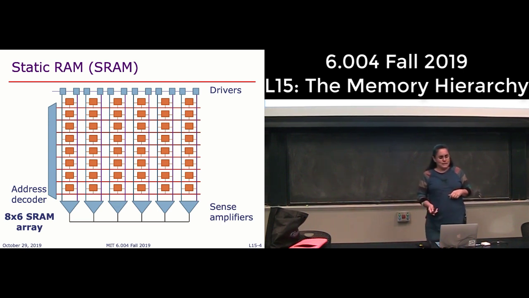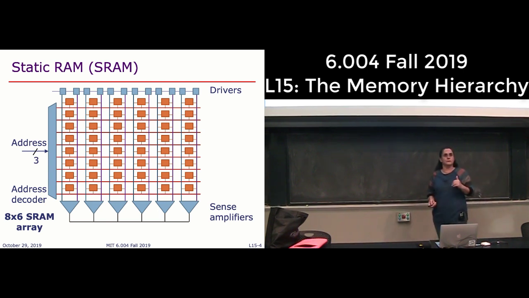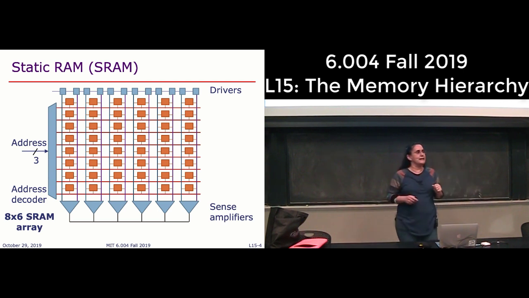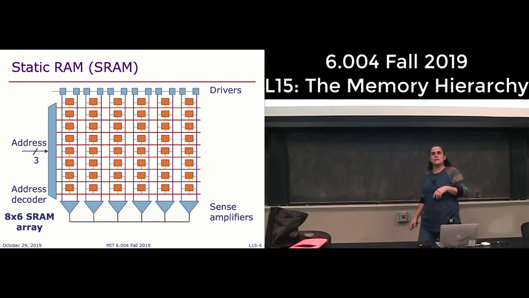We have an address decoder where if we give it 3 bits, we can select one of these 8 rows in our SRAM array. Decoders are a piece of combinational logic we haven't really seen too much so far.